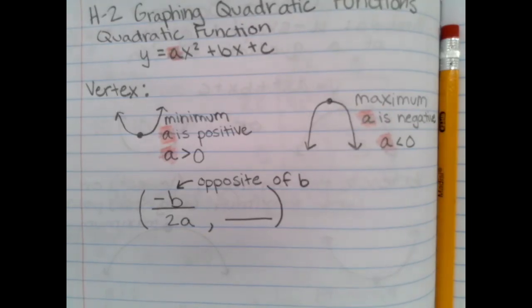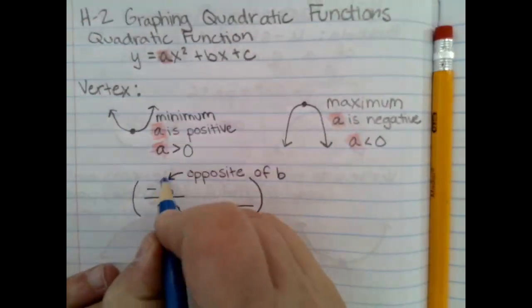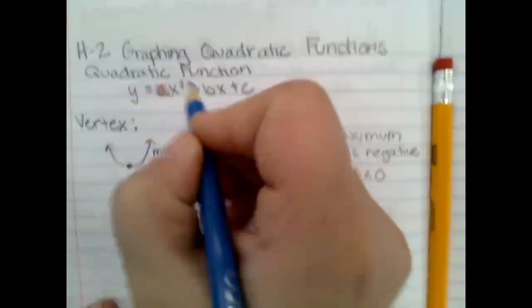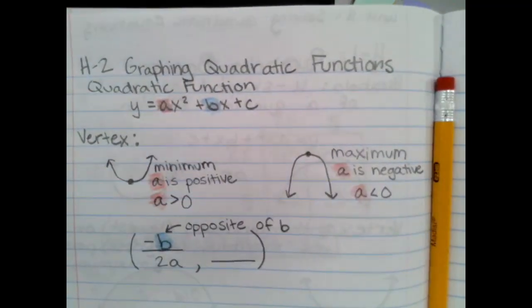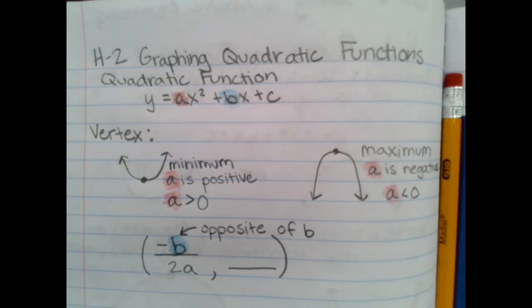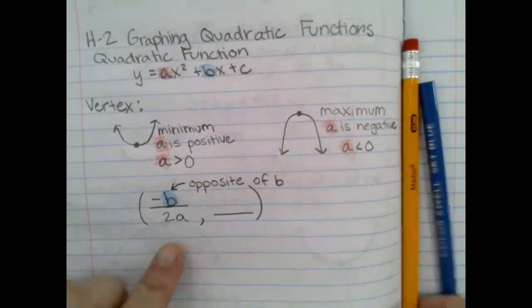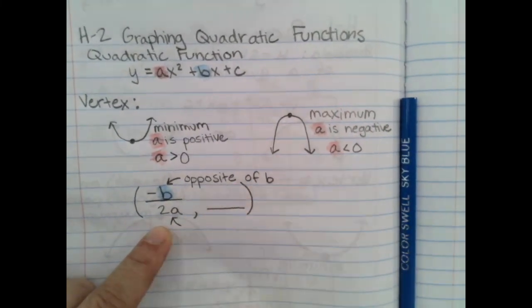Good. All right, anytime I see a B today, I'm going to use the color blue. So if you would like to use blue for B, you can. I'm going to go back and color that up here, blue. Or just pick a color. Doesn't matter which color. It doesn't have to be blue. So opposite of B over, and then 2 and A are touching.